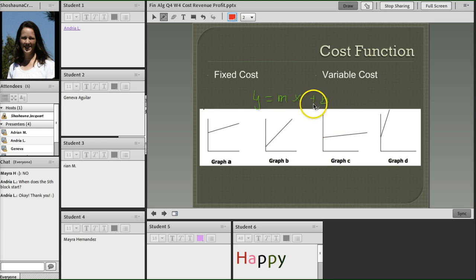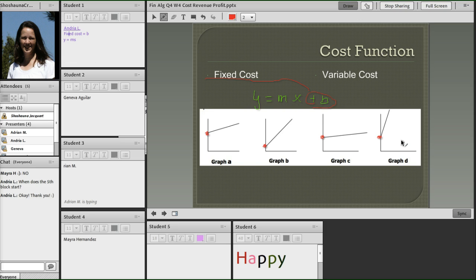Okay, your fixed cost is your b. So I'm going to connect that to my fixed cost. And on my graph, this is where my fixed cost is, where it's touching that y-axis.